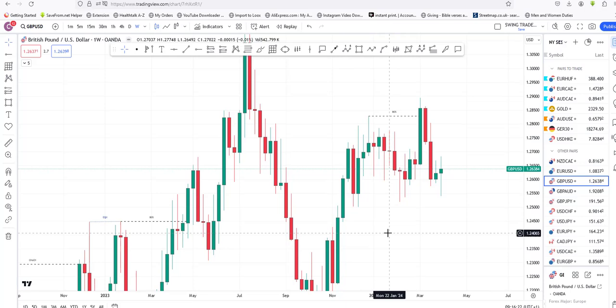Now, that's not the only pair we look at, because we are gradually moving into the swing trade strategy, where we hold on to trades for more than a day. In other words, we are trying to cut down the noise that we experience on a lower time frame to help us increase our profitability over the long term.